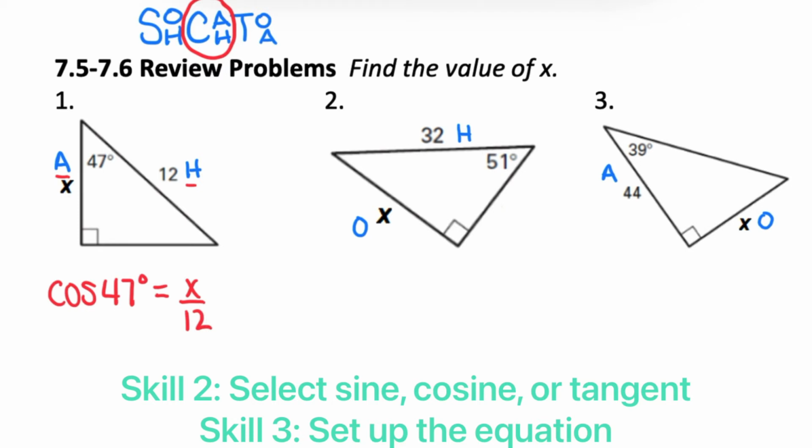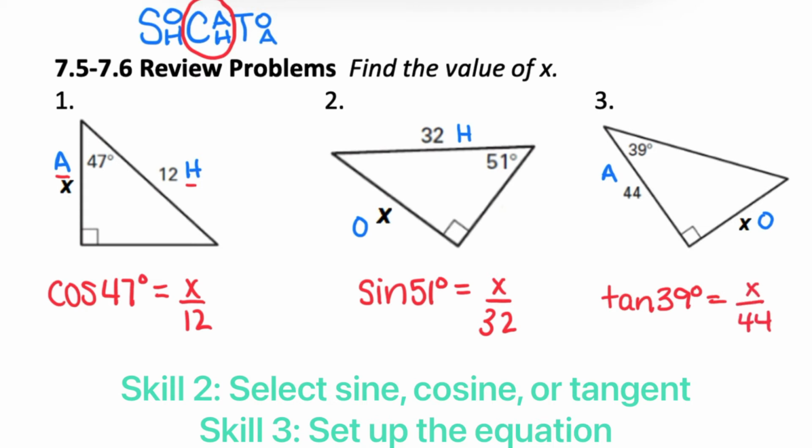Number 2, O and H is sine, so we say that sine of 51 degrees equals opposite over hypotenuse, so X over 32. Number 3, looks like an O and an A, that's a TOA. T stands for tangent. Tangent of 39 degrees equals opposite over adjacent.